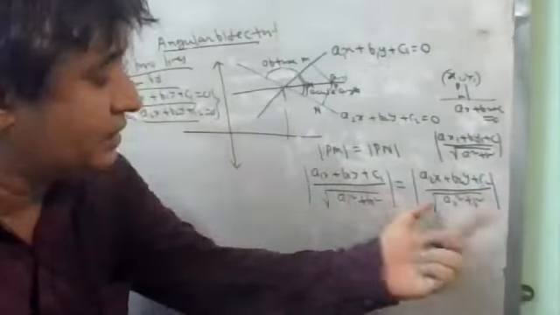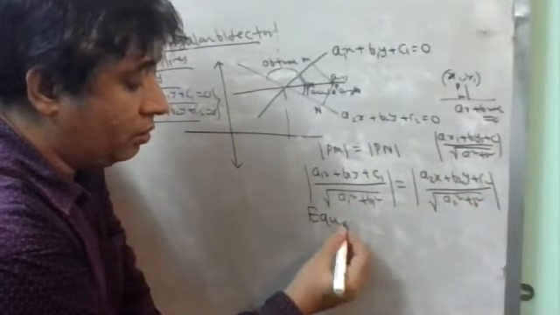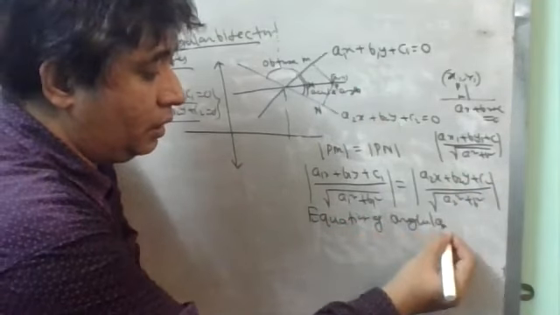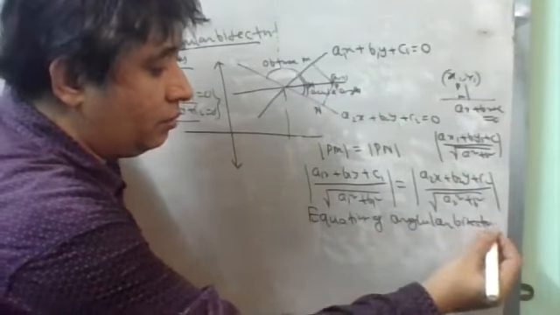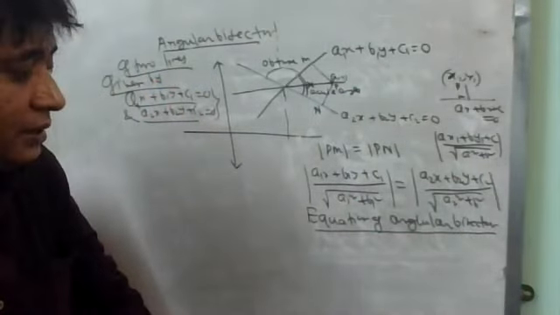So this is the actual equation of the angular bisector.